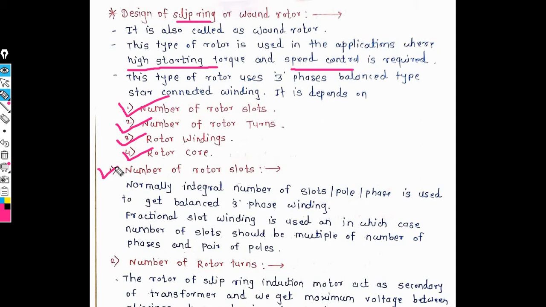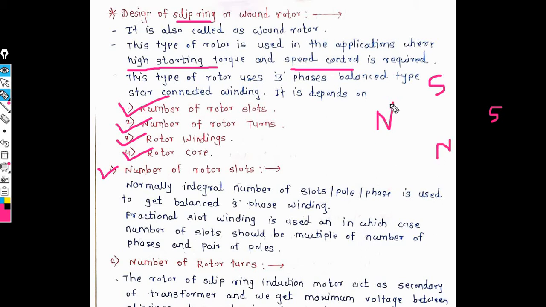The number of rotor slots depends on the number of phases and pairs of poles. That means we need the condition of north pole, south pole, then south pole and north pole.